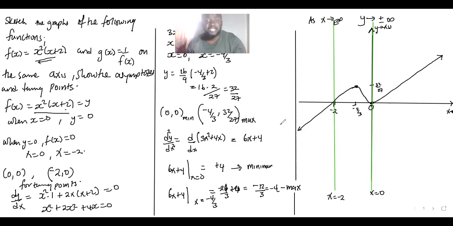Then we also had the horizontal asymptote. The horizontal asymptote was y is 0. The horizontal asymptote is actually the x-axis.